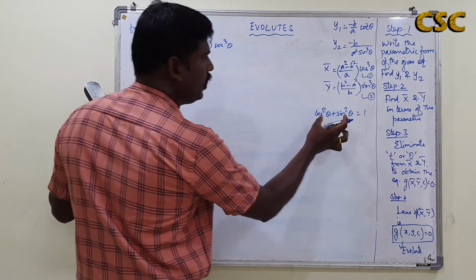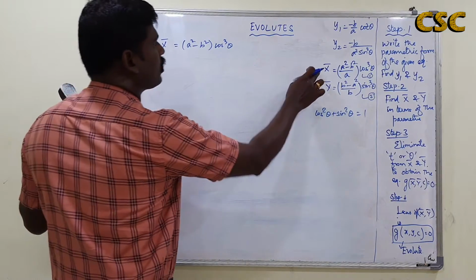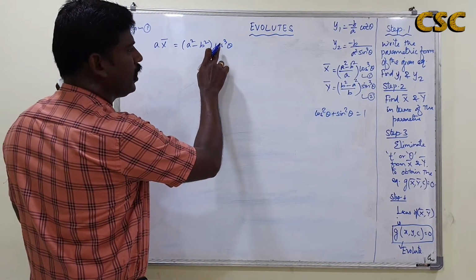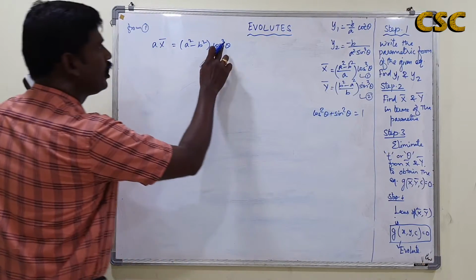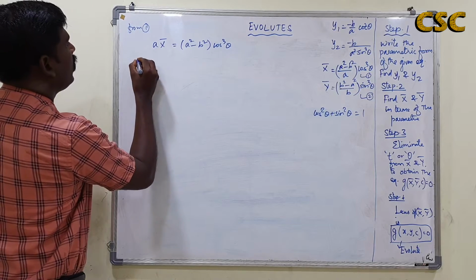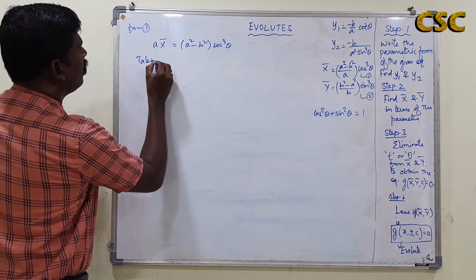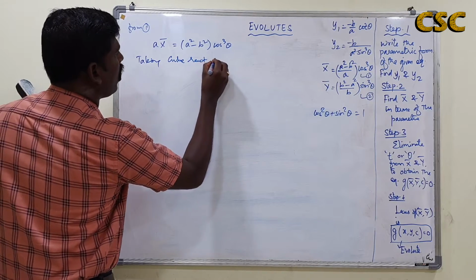I am going to apply this trigonometrical identity with this x bar and y bar. Here cos cube theta is here, so I am going to find out the value of cos theta. That's why I am taking cube root on both sides to get the value of cos theta.